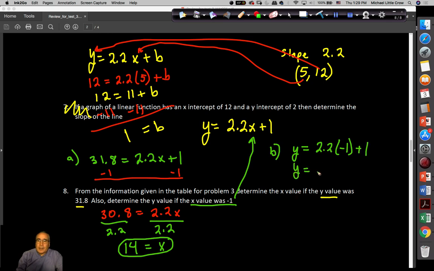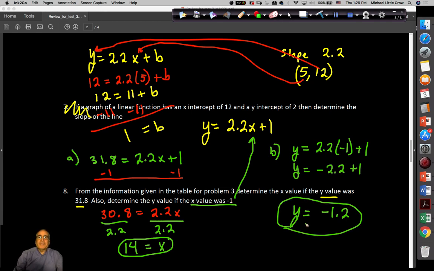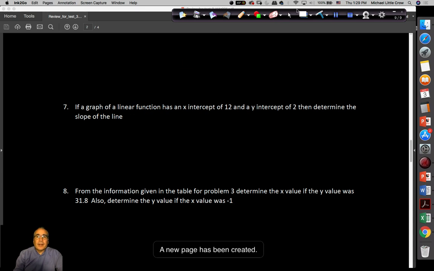That's y equals -2.2 plus 1. That gives us that y is simply equal to -1.2, combining these two. So there's the answer to the b part. Okay.